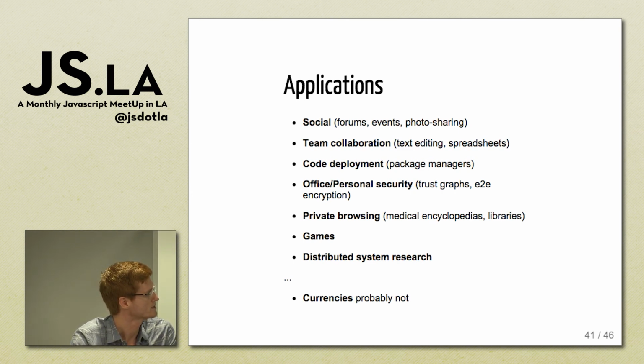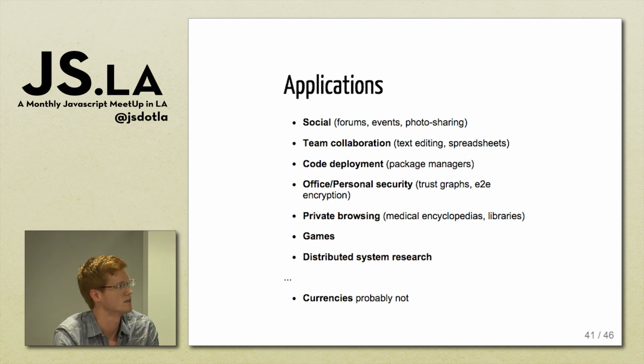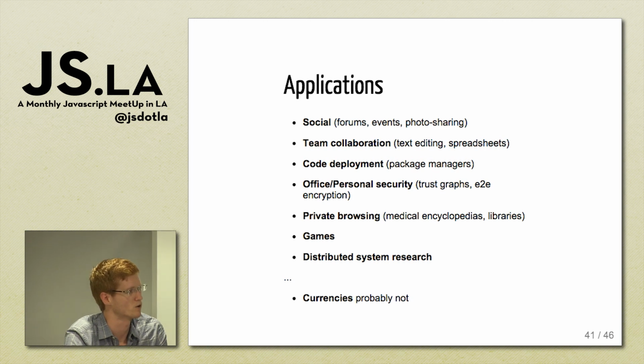That's one of the more interesting applications we're looking at now. Importantly, cryptocurrencies would probably be a poor choice for this, because we don't give a total order for the system, which is what things like Bitcoin are trying to achieve.